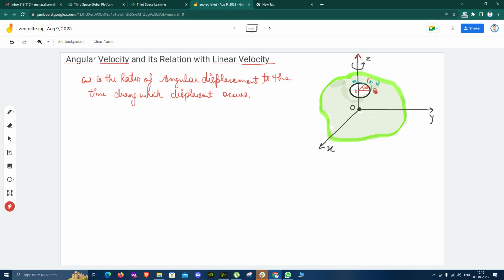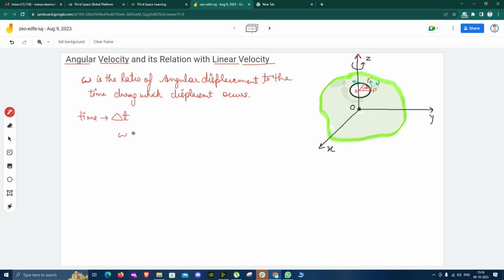Let after time interval delta t, right now it is at the position P here. After time delta t, we are now going to figure out the average angular velocity of the rotating body.